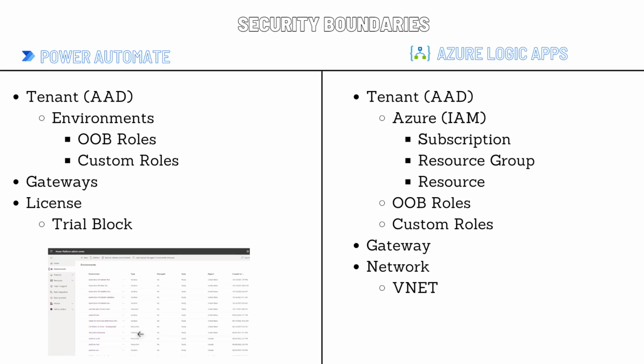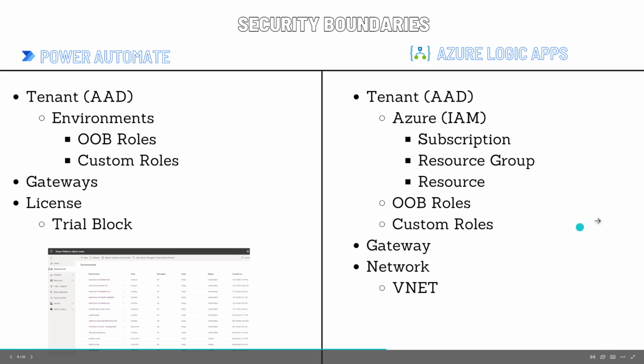We can put them in a VNet, essentially creating a bubble, a security boundary, but having more control over what belongs in that bubble. So it's a very popular feature that we do see in Logic App Standard.